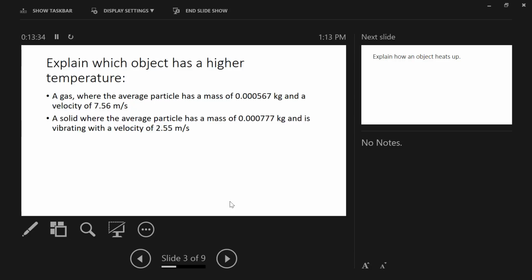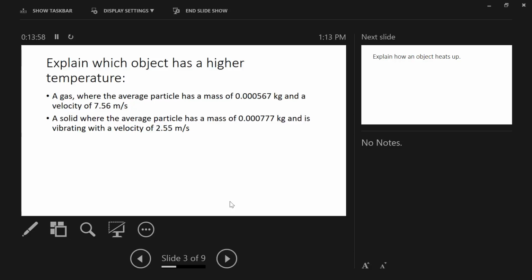Okay. And what do we want? We want to know which one has a higher temperature, right? But in order to determine that, we need the kinetic energy of object A, and we need the kinetic energy of object B.